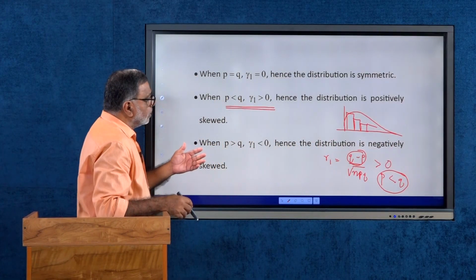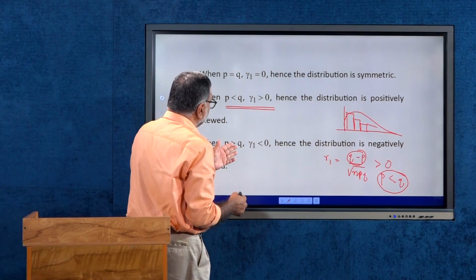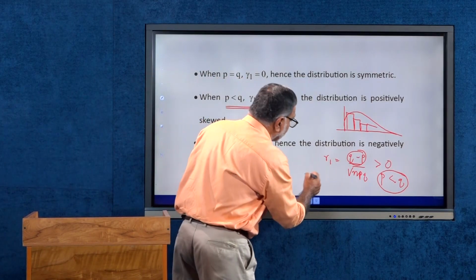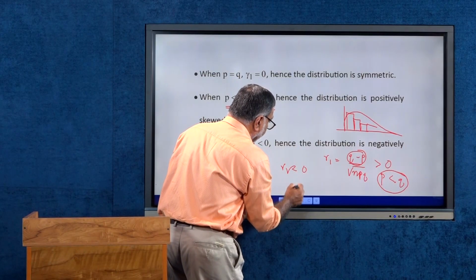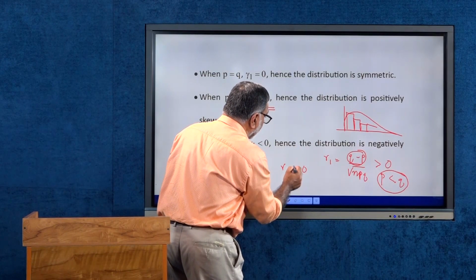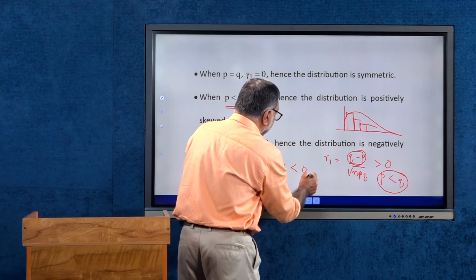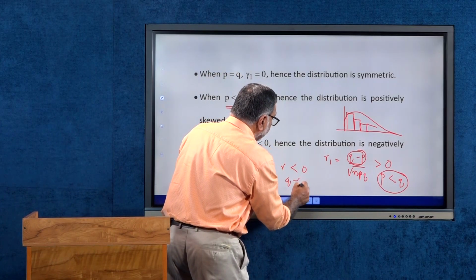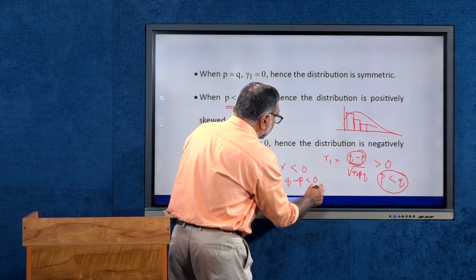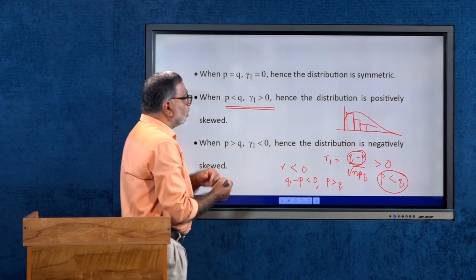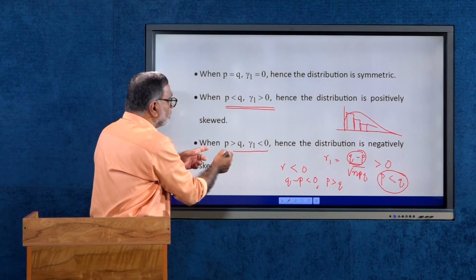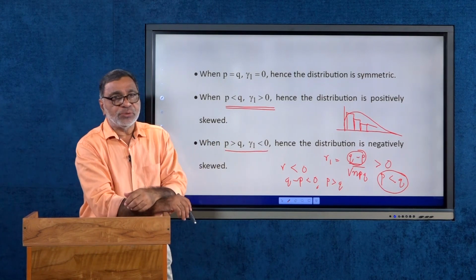And when gamma 1 is less than 0, provided this q minus p is less than 0, that means p is greater than q. Whenever p is greater than q, the distribution is negatively skewed.